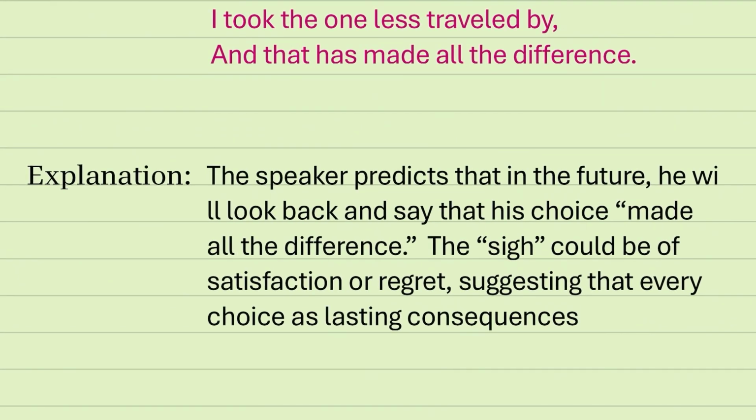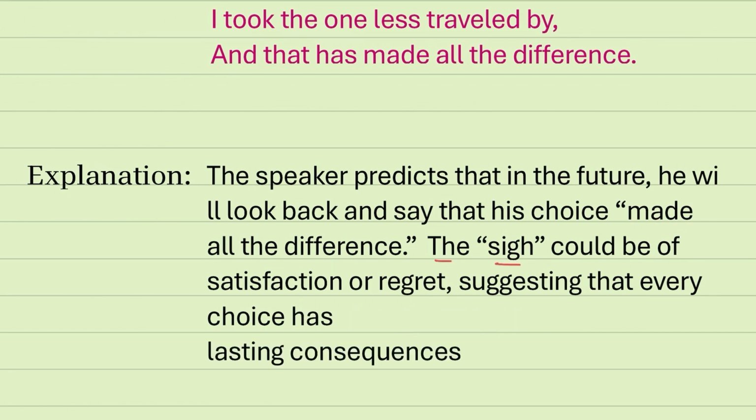As the explanation goes, in stanza 4 the speaker predicts that in the future he will look back and say that his choice made all the difference. The sigh could be of satisfaction or regret, suggesting that every choice has lasting consequences.